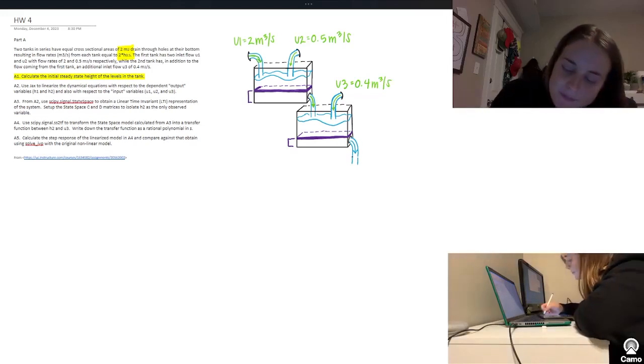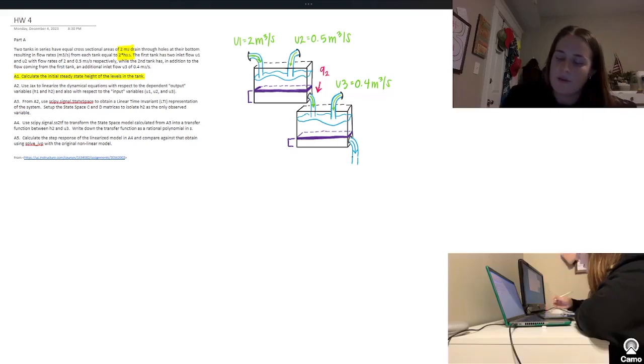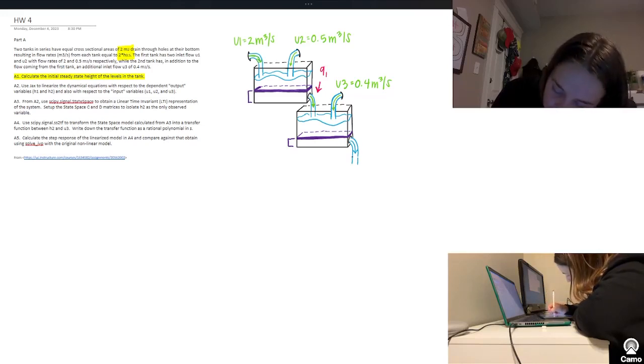And then we do have this right here, which is, let me make that a little bit bigger. We have this flow right here, which is Q2. And we have this flow, this is Q1, and we have this flow right here, which is Q2.